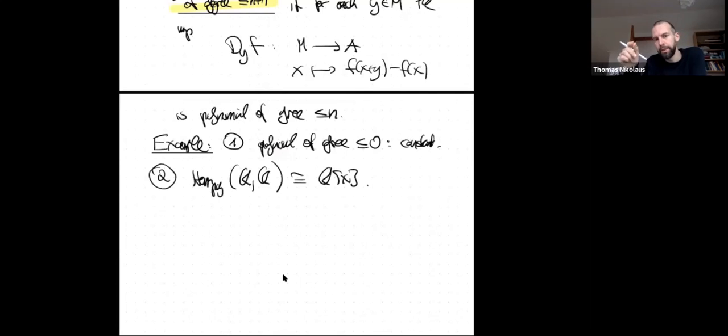So a polynomial map of groups from Q to Q is exactly given by a classical polynomial. And so this maybe I leave as an exercise, which is really instructive in order to understand the definition. And maybe this is not completely easy. So maybe you want to first, if you know what the cross effect is, redefine the definition in terms of cross effects to have a chance of getting at this exercise.